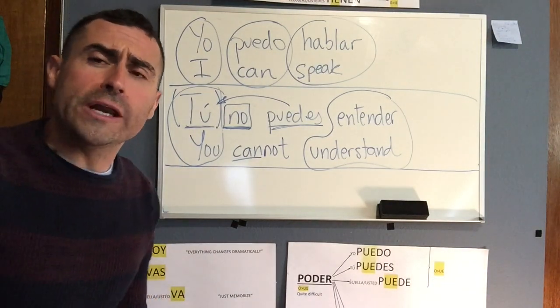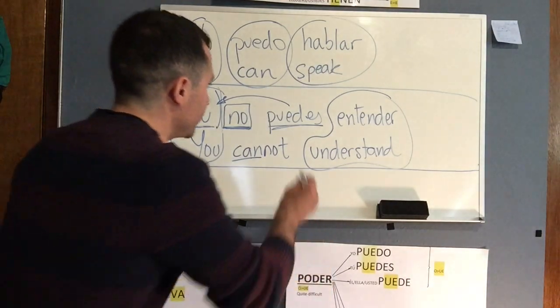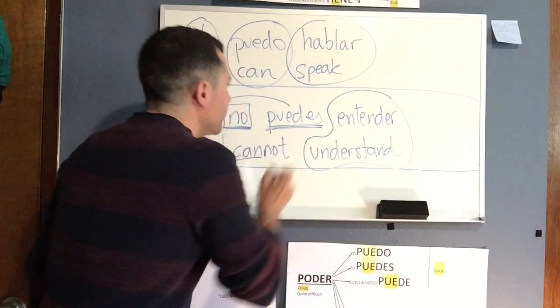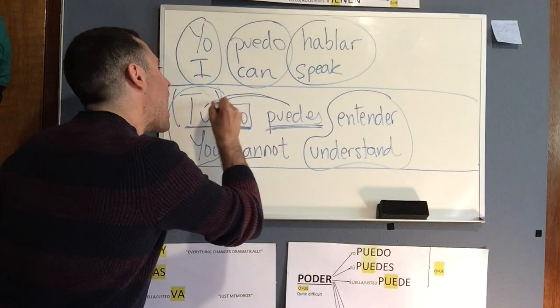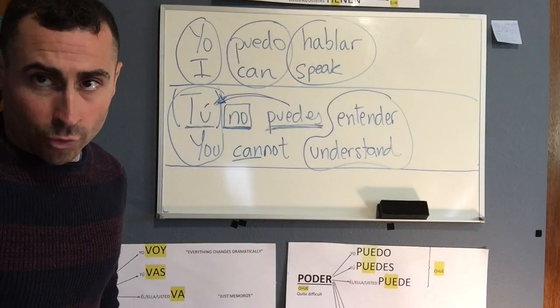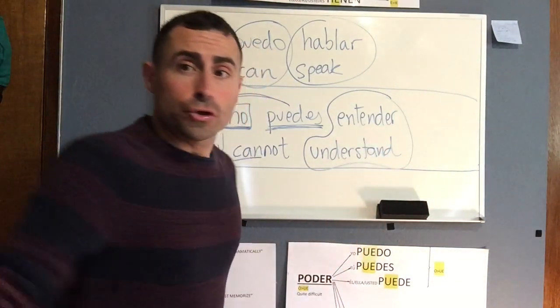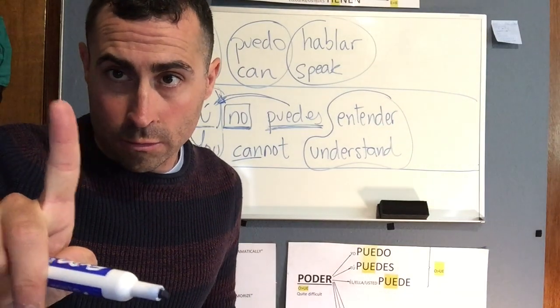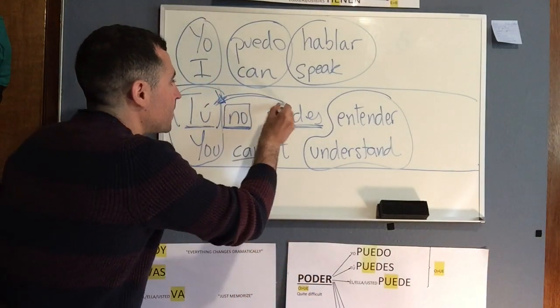Okay, attention. So this is important. We only conjugate the verb that is coming after the personal pronoun. Okay? We only conjugate one. And it's the verb that is coming after the personal pronoun.